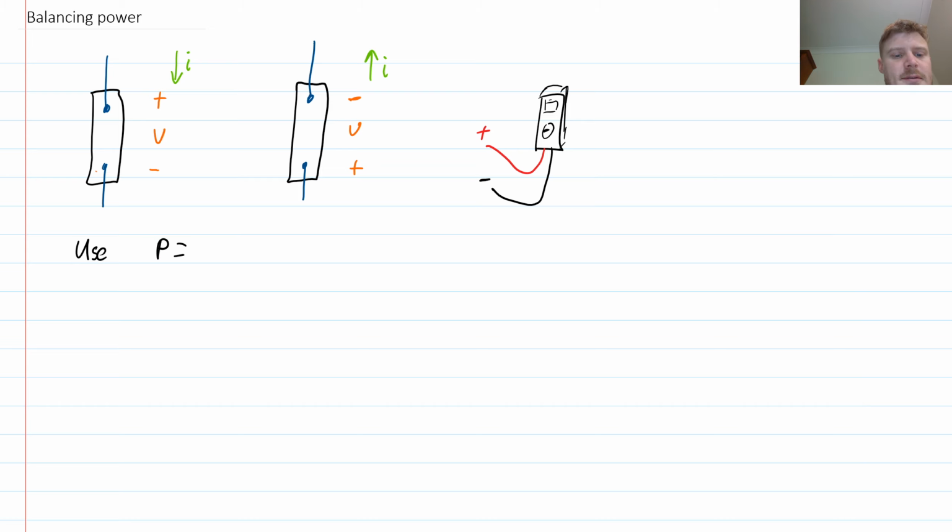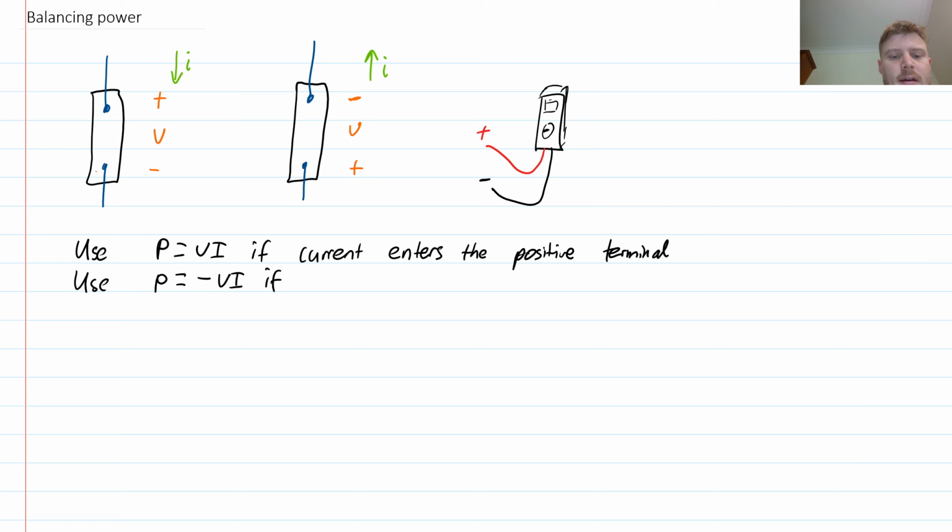We use P equals VI if the current is drawn with the arrow entering the positive terminal, and we use P equals minus VI if the current enters the negative terminal. If we do that, then we follow the passive sign convention, and everything will work out correctly.